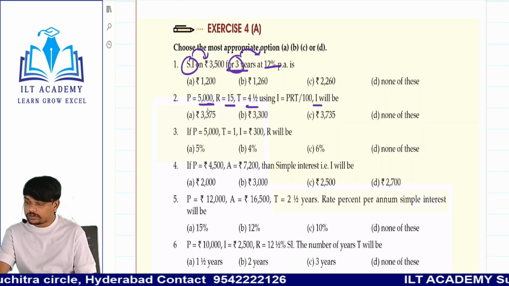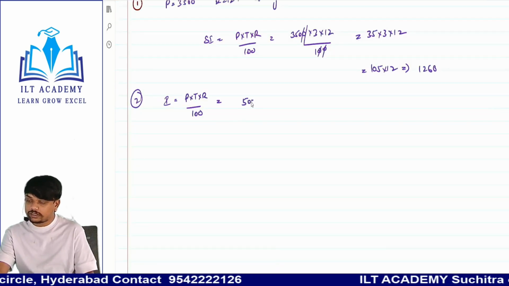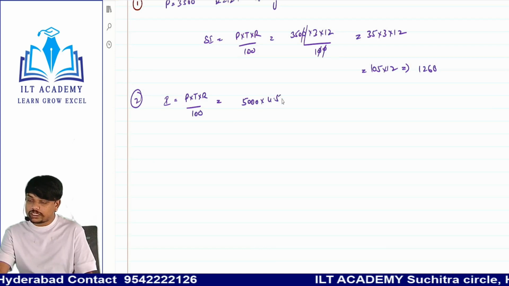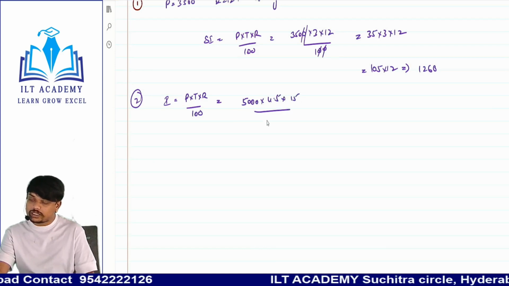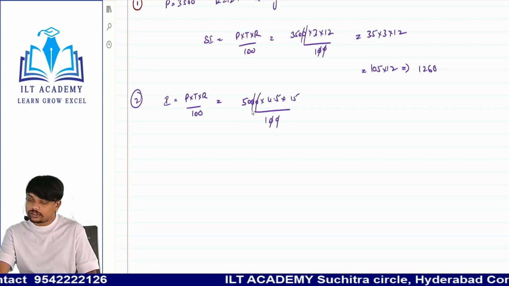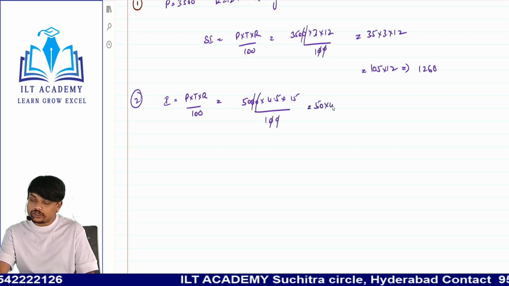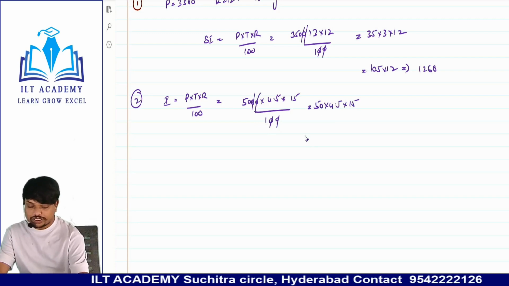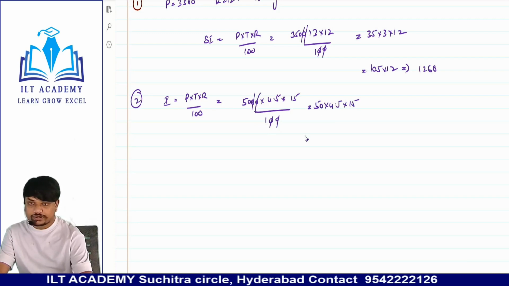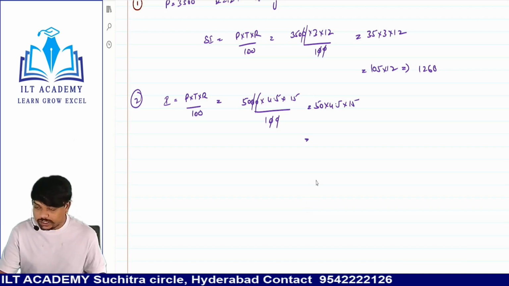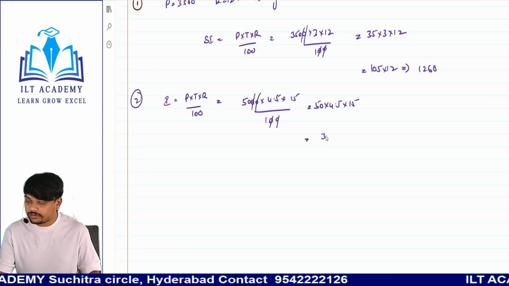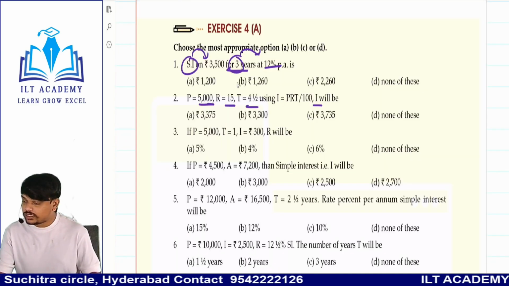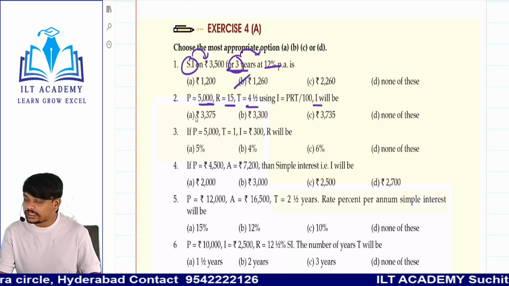Now principal is 5000, time is 4.5 years and rate is 15 upon 100. 0 0 cancel. So 50 into 4.5 into 15. Just 50 into 15 into 4.5. Just 3375. First one is 1260 and second one is 3375.